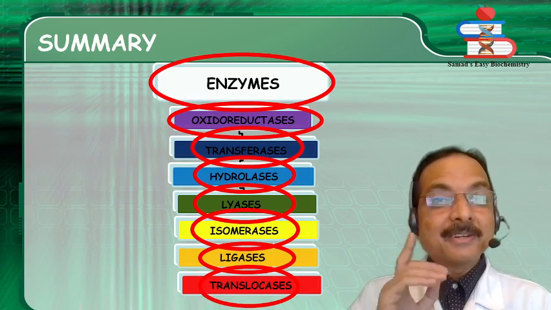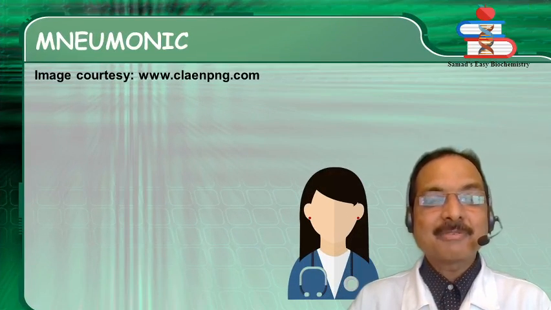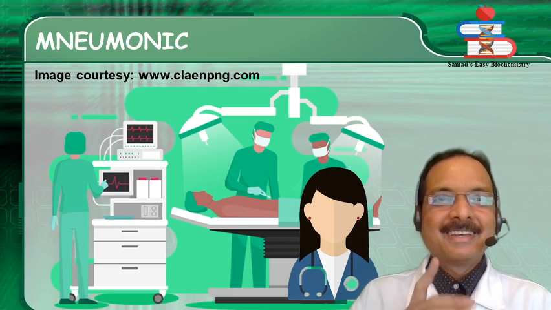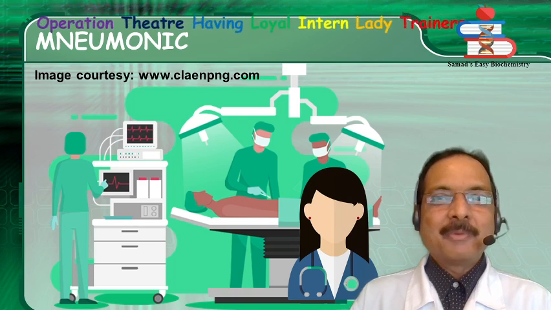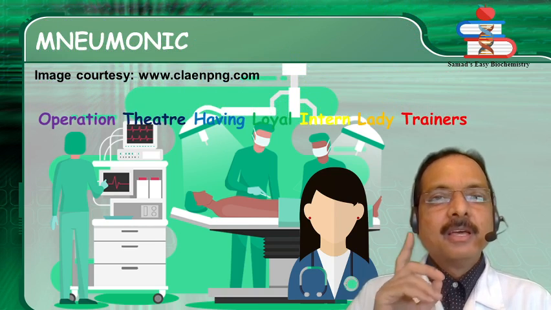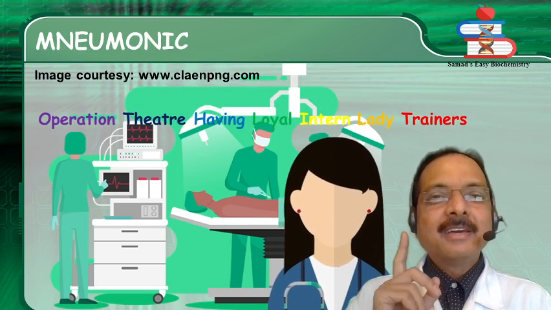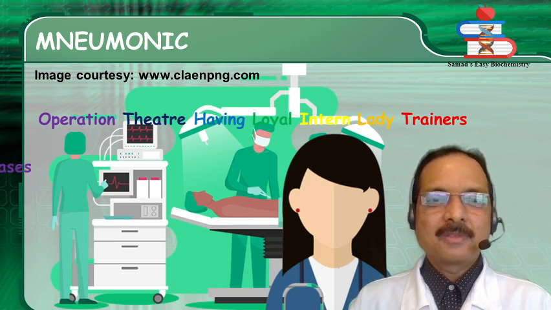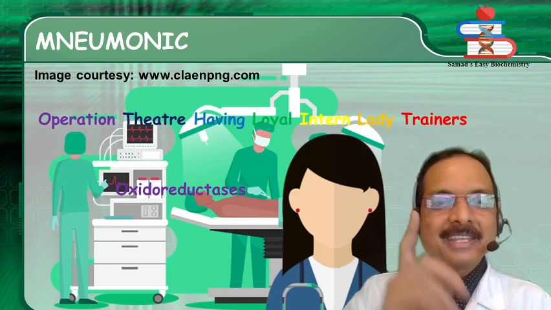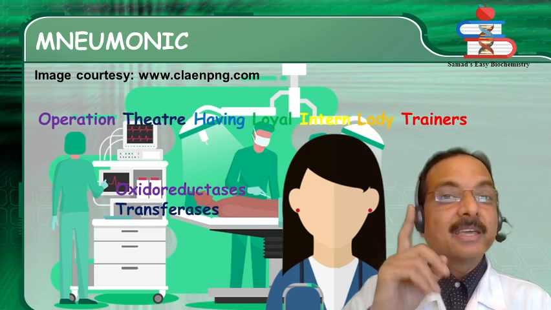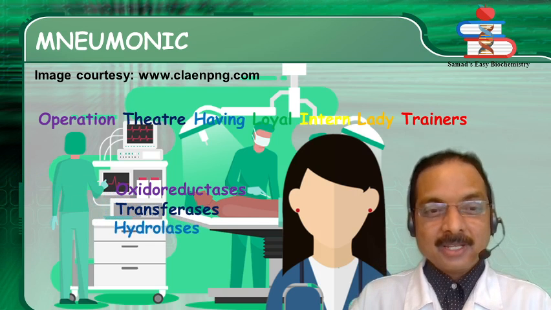Let's see a very interesting mnemonic to remember this classification. A very familiar scenario in a medical setup, isn't it? So the mnemonic goes like this: Operation Theatre having loyal intern lady trainers. Operation O, oxidoreductases. Theatre T, transferases. Having H, hydrolases.